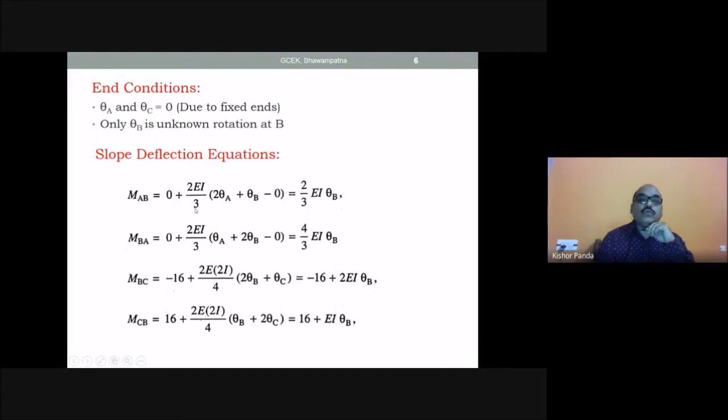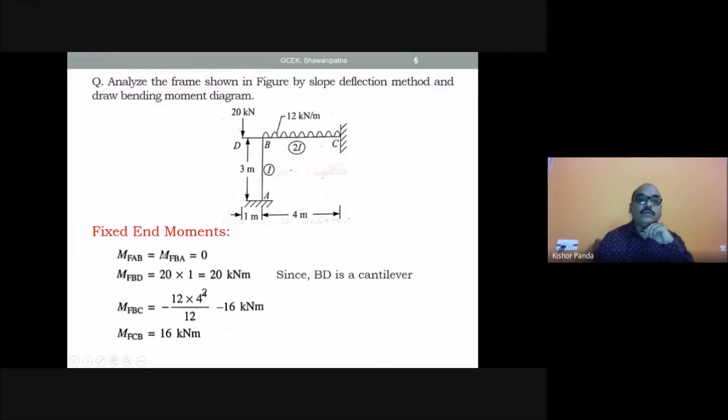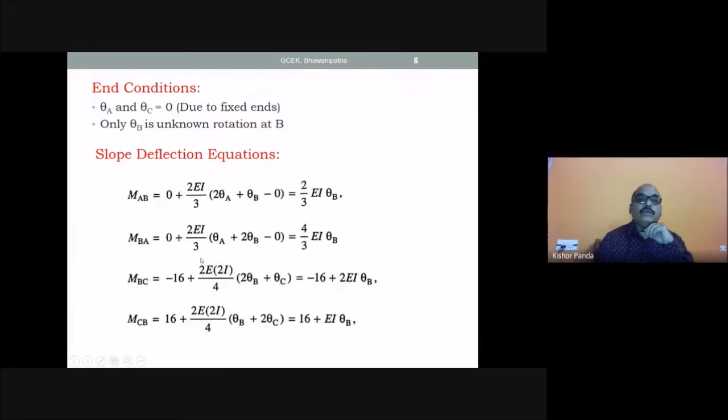So here you have to take 2EI by 3, and theta A is equal to 0. The fixed end moment MFAB is also 0. So the final MAB is equal to 2 by 3 EI theta B.